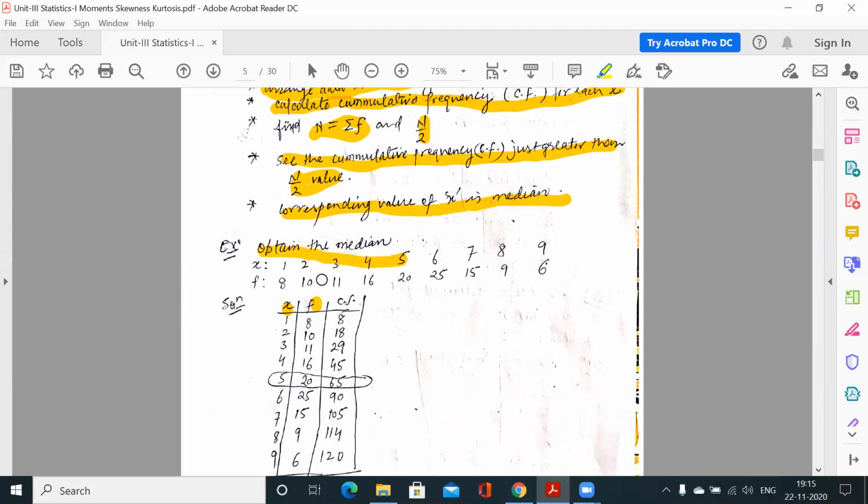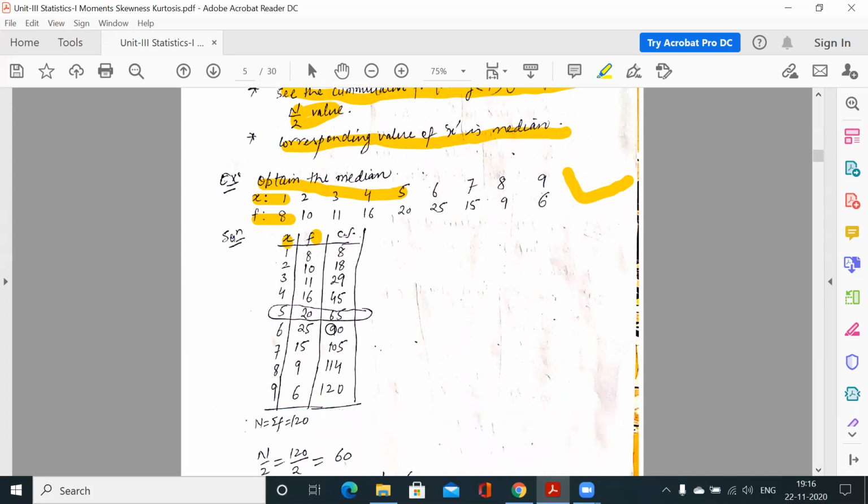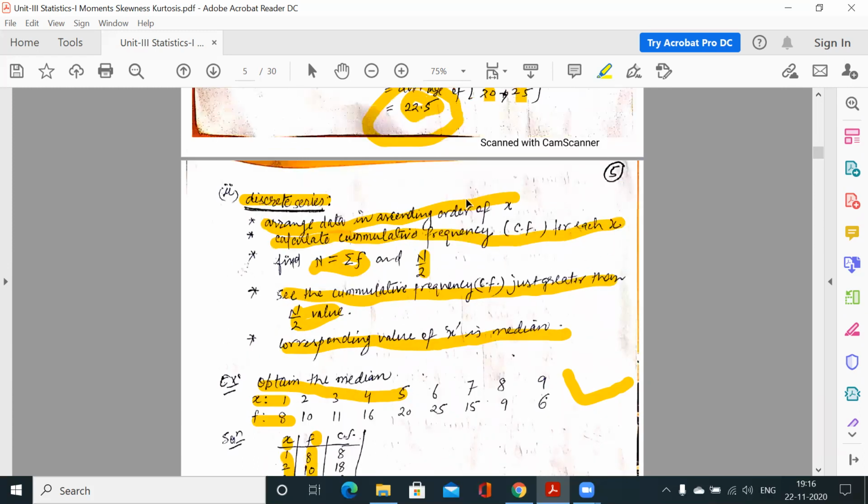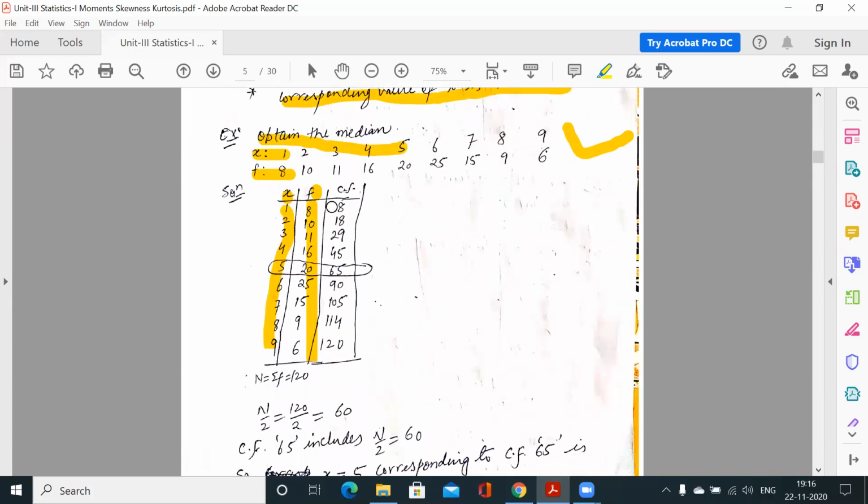So obtain the median. This is x and the corresponding frequency. We have a discrete series because x is a single value. So these are the x values and corresponding frequencies. So what is the next process? We have to calculate the cumulative frequency. So how to calculate the cumulative frequency? 8 plus 10 is 18, plus 11 is 29, plus 16 is 45, like this.